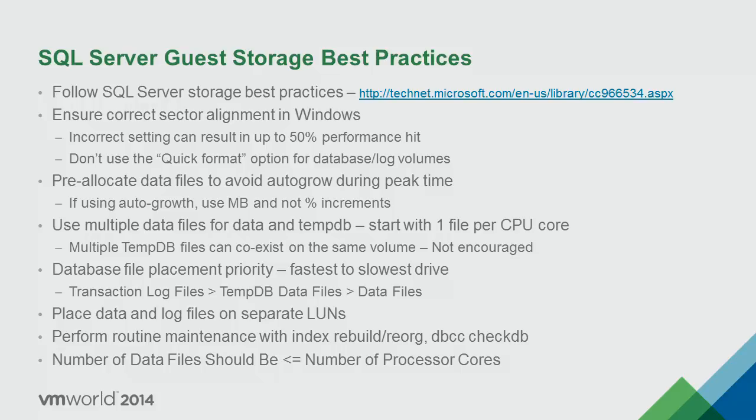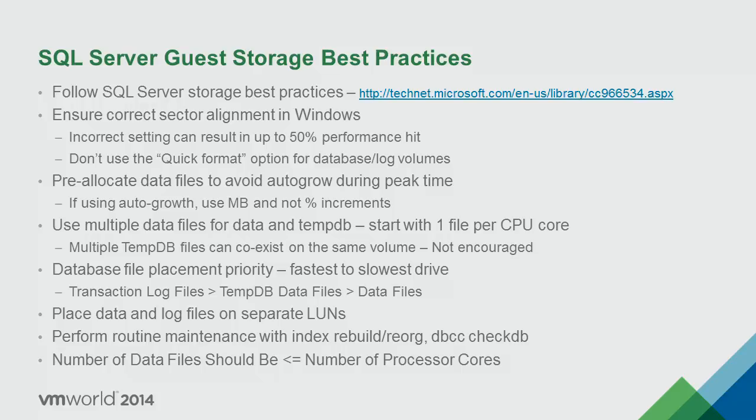The calculation takes less time. Make sure that you use multiple data files for data and tempDB. The best practice guideline for years has been 1 file per core. Now, there is some argument out there as to whether that's still needed or not, but there's still a pretty large camp that holds to the 1 file per core guideline.